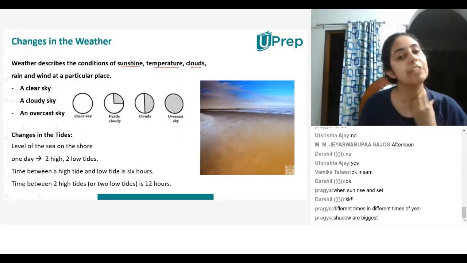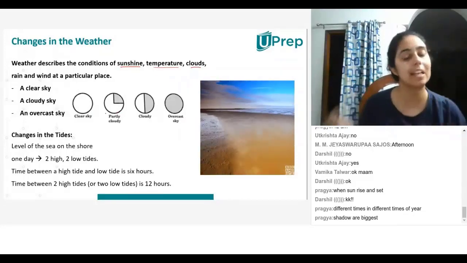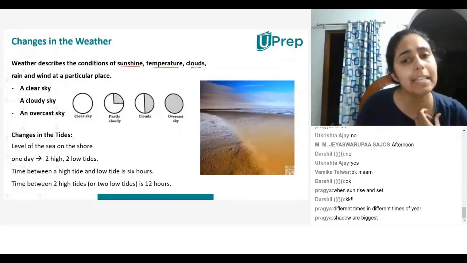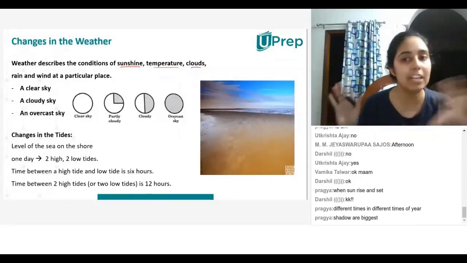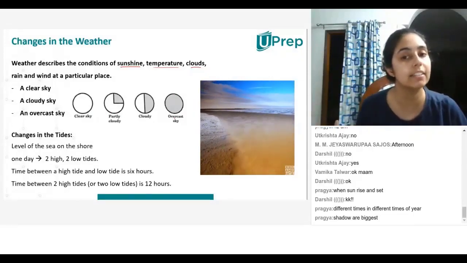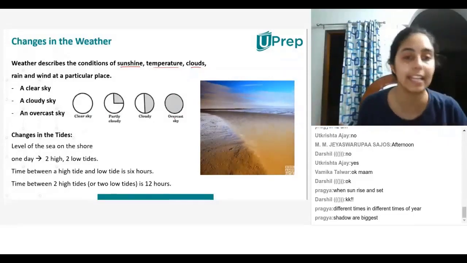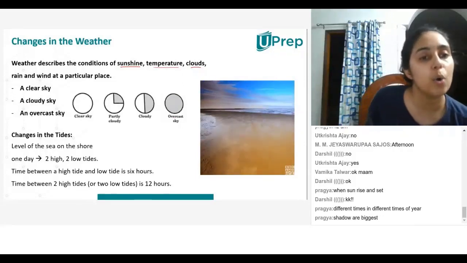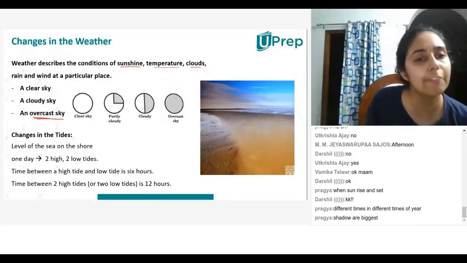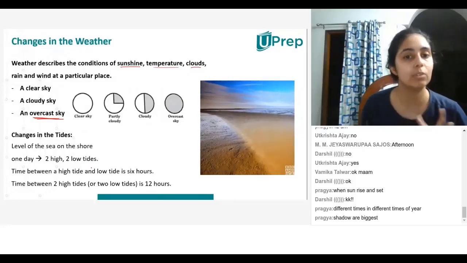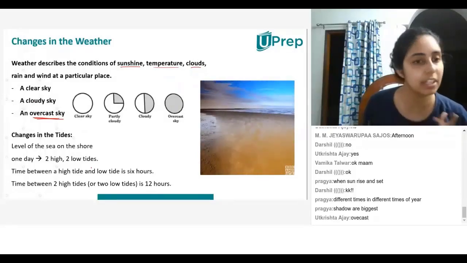And if it is completely filled with clouds, then you say that it is an overcast sky. So overcast means completely filled with black clouds, dark clouds, or even just clouds.